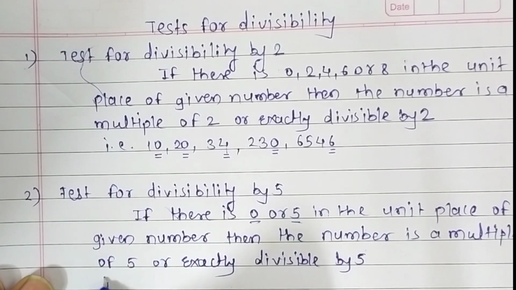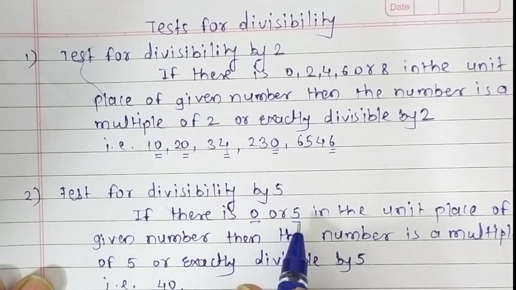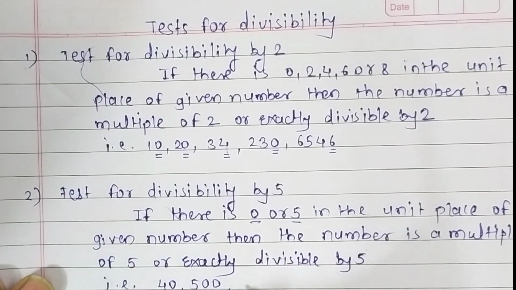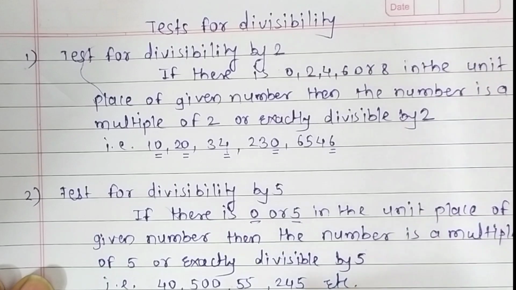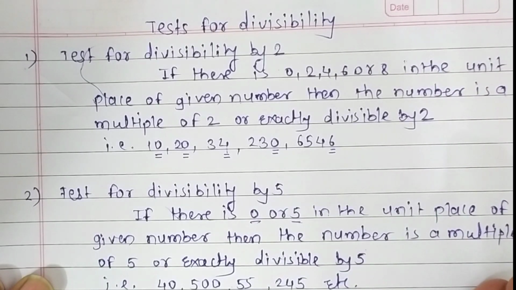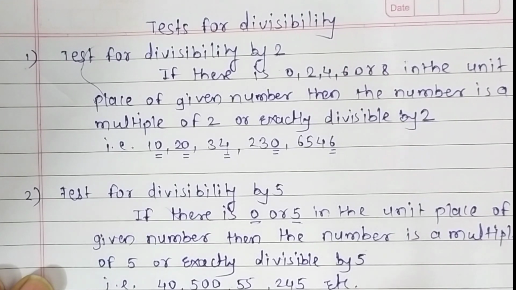Let's take some examples for it. 40. You can take any number which has 0 or 5 in the unit place. 500, 55, 245, etc. We can take many more examples like this. Now look at the unit places of these examples. Each has 0 or 5.